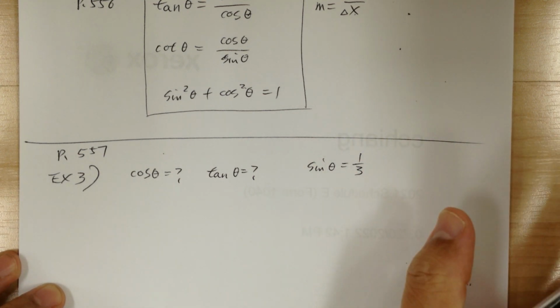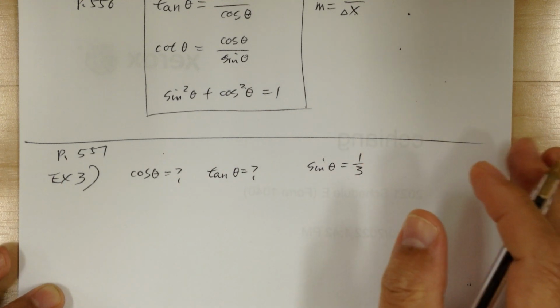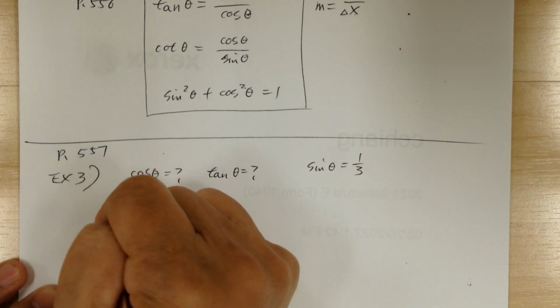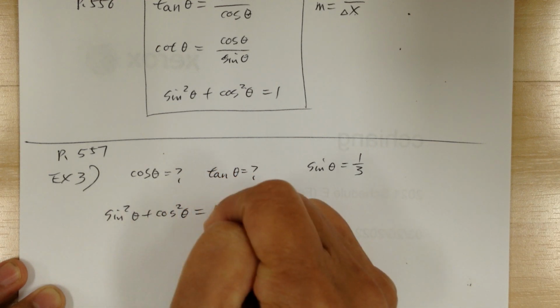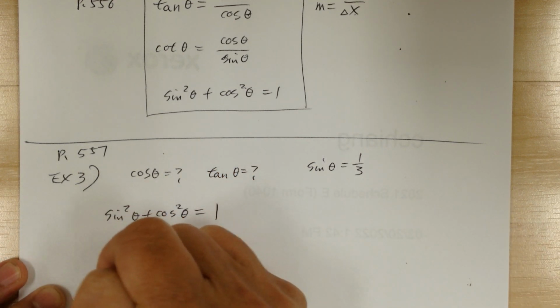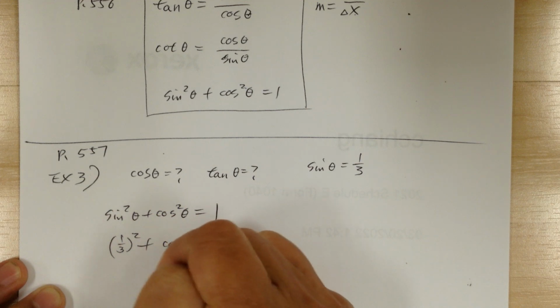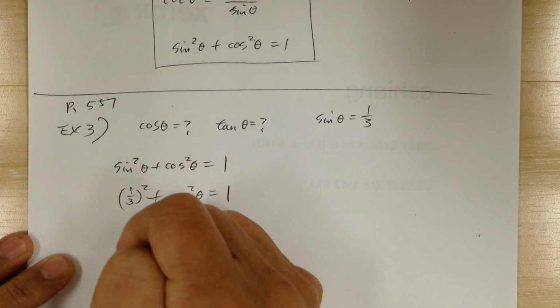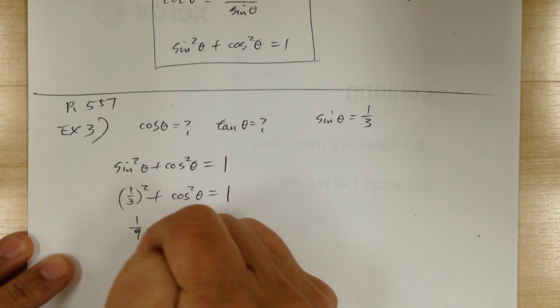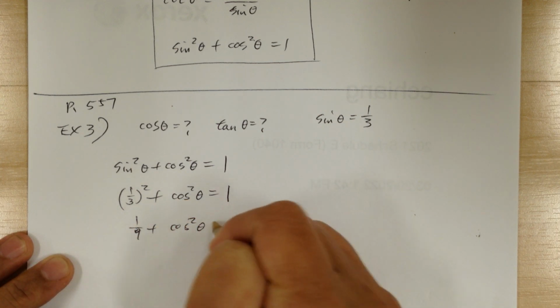Now there are many ways you can do this. The long way is you use the Pythagorean identity: sine squared theta plus cosine squared theta equal to 1, and you substitute. So you got (1/3) squared plus cosine squared theta equal to 1. And so you got 1 over 9 plus cosine squared theta equal to 1.